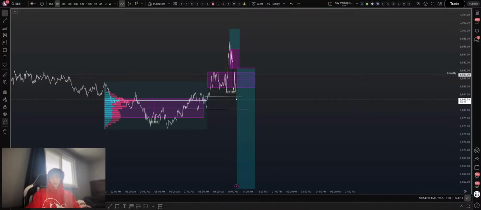Big money needs to grab that liquidity. Direction is down, path is unknown. Might take 30 minutes to get there, might take the full day. We'll wait and see.